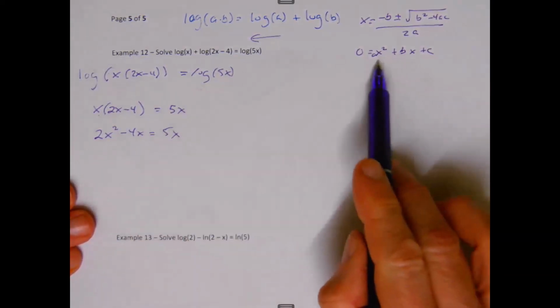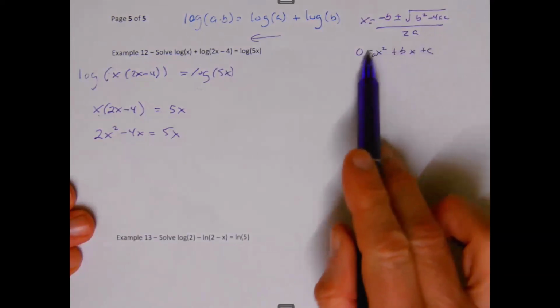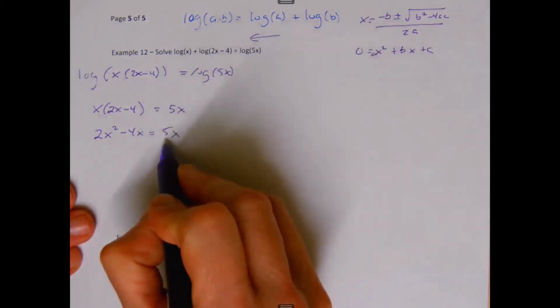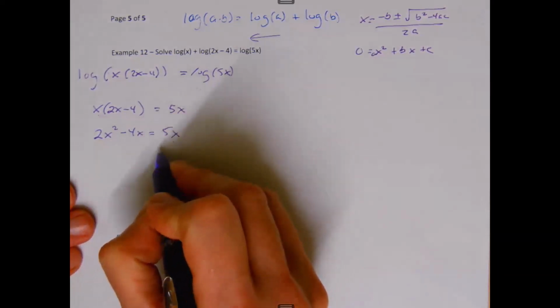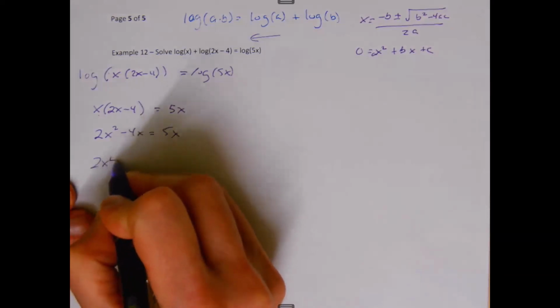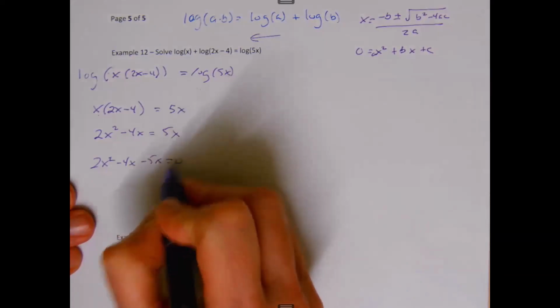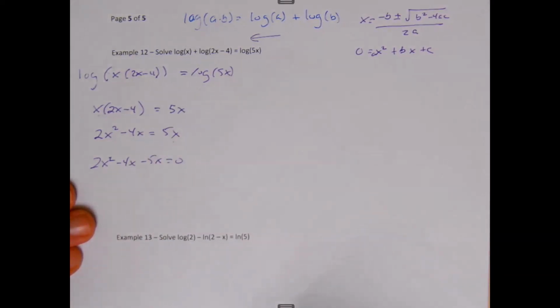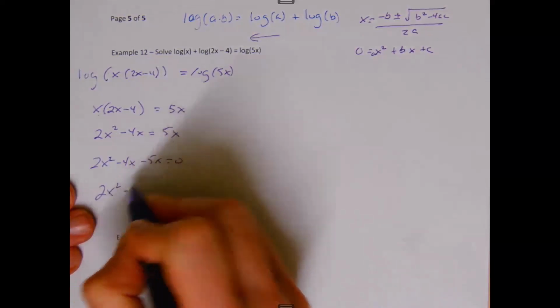Again, no matter what I do, if I factor or use the quadratic formula, I have to get everything to one side and equal to 0. So subtract 5x from both sides, and I get the following. Combine like terms.